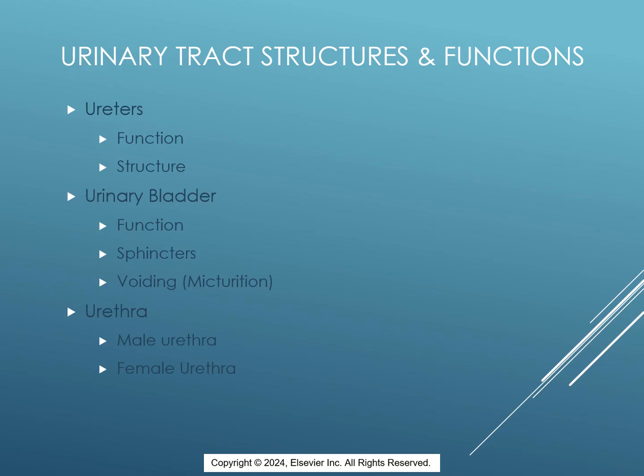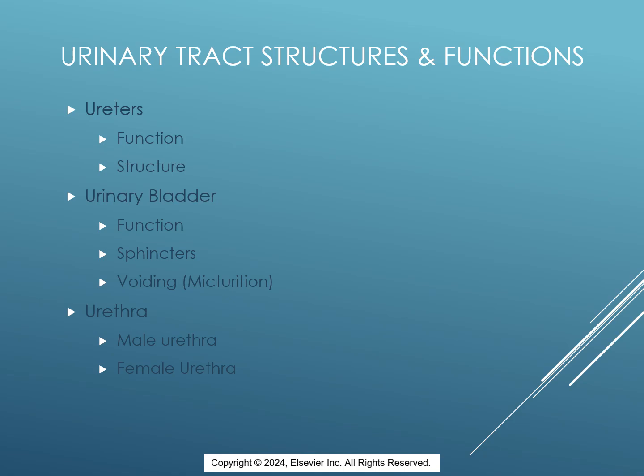Layers: the inner urothelium, the middle detrusor muscle, smooth muscle, and the outer connective tissue. Trigone is a triangular area between the ureteral openings and the urethra.